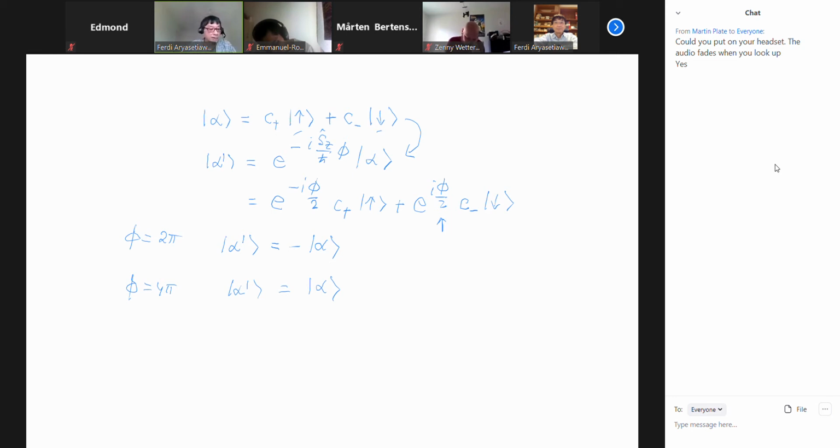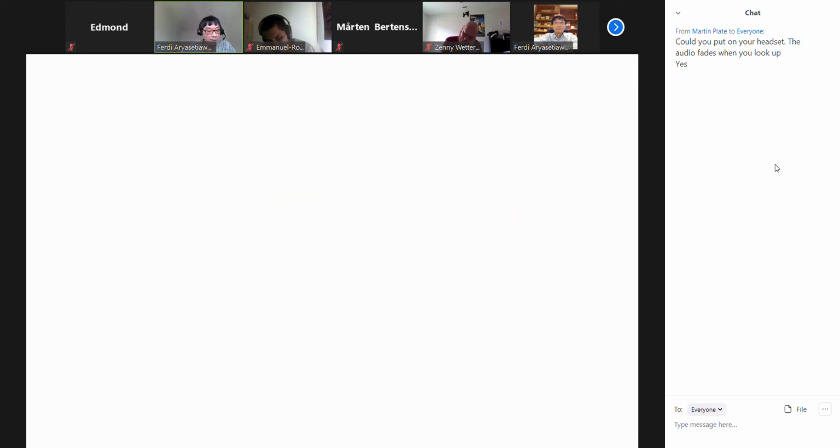So let's illustrate the use of this rotation operator by considering the example of spin precession that we did earlier. So the Hamiltonian is quite simple.